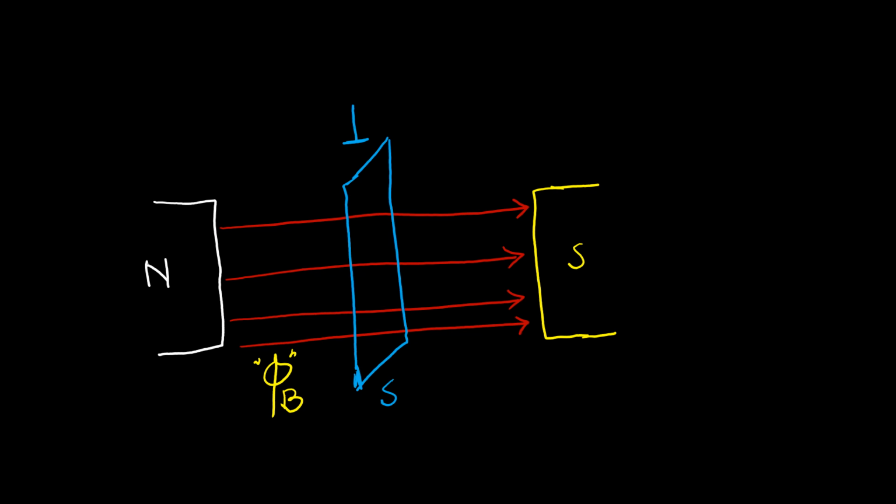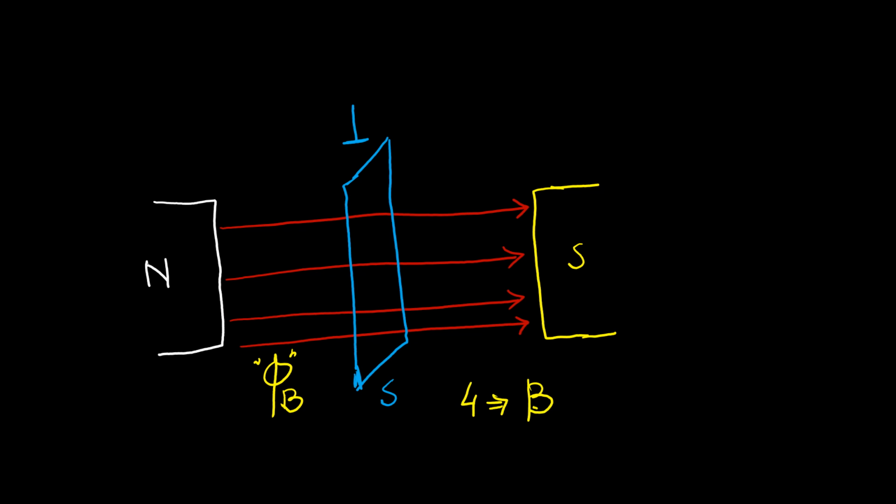Now, there are four magnetic field lines, as we can easily see. The magnetic field lines are associated with the magnetic field.